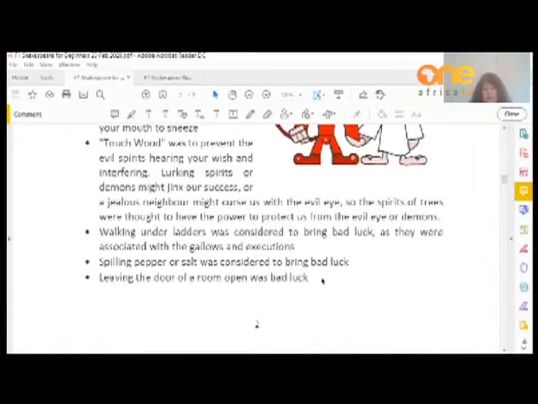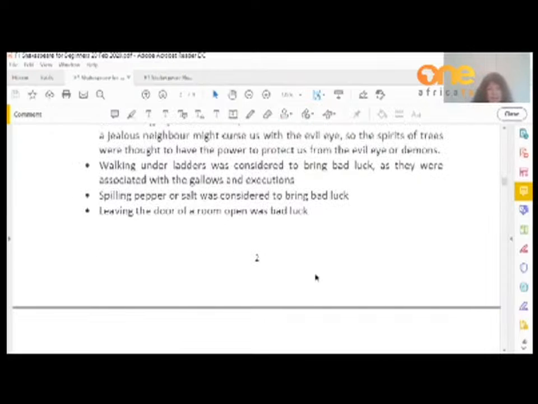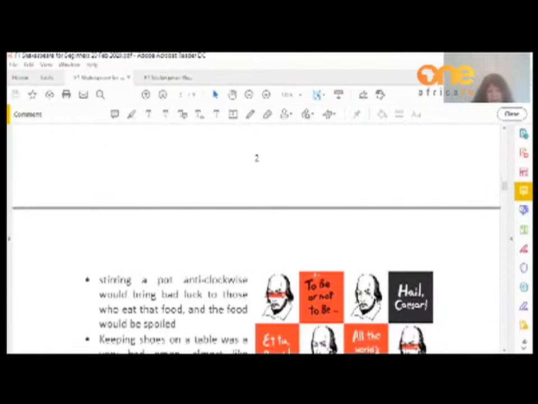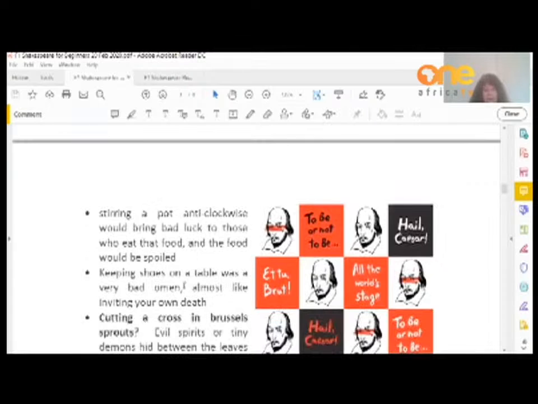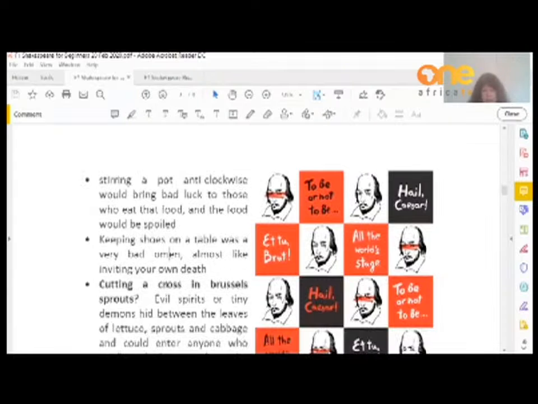Leaving the door of a room open was also bad luck. Also probably gave you a draft because there was no heating in those days. Okay. Right, even stirring a pot anti-clockwise when you were cooking food would bring you bad luck. Keeping shoes on a table, oh, you might die if you do that.